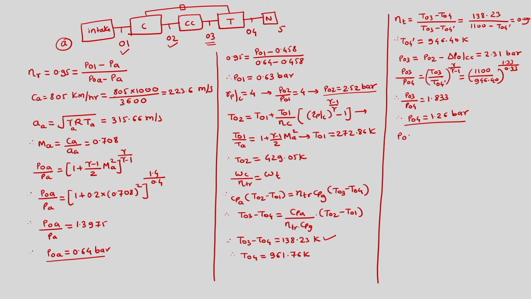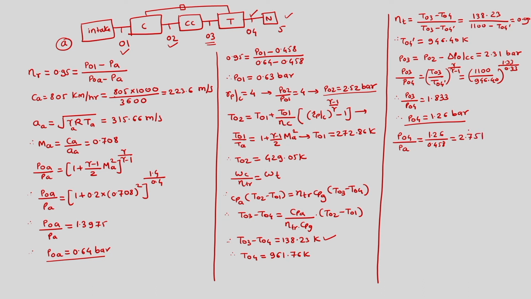So the total pressure at the entry to the nozzle is known, and the atmospheric condition is known. The driving pressure ratio for the existing nozzle is P04 upon PA, which is 1.26 divided by 0.458, and this ratio comes to be 2.751.